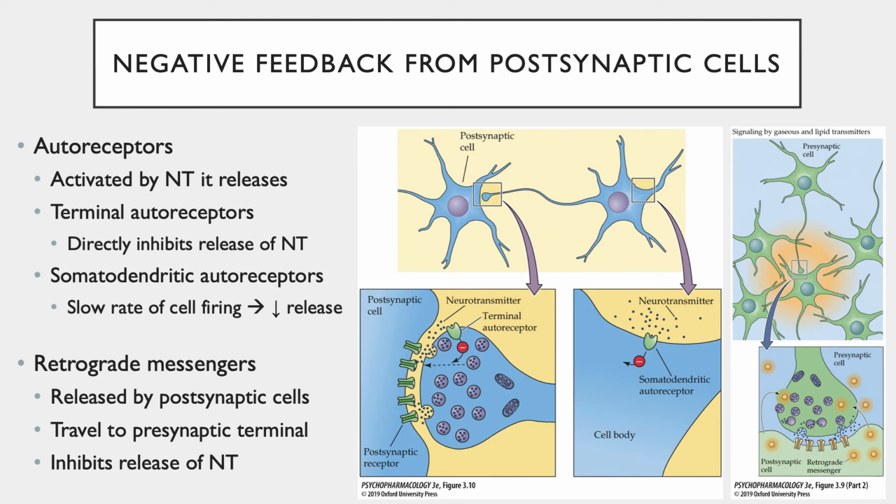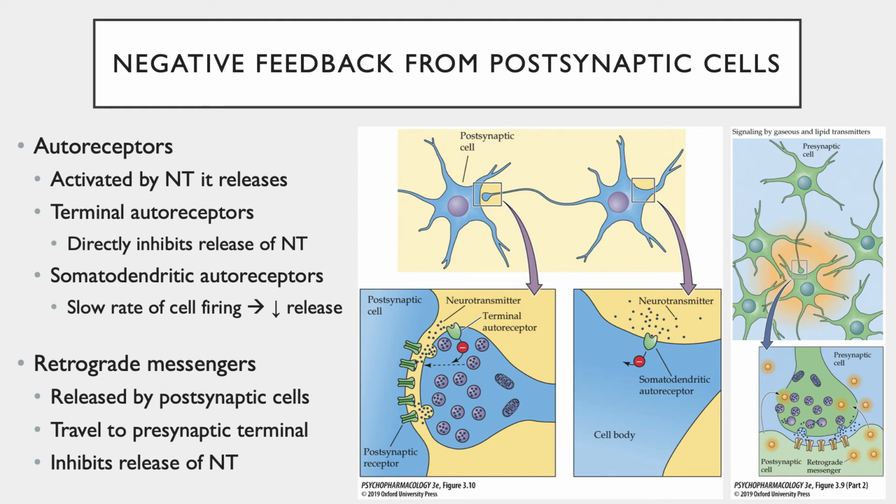Retrograde messengers operate differently. Retrograde messengers are released by postsynaptic cells, and they travel backwards in the retrograde direction towards the presynaptic terminal. From there, they inhibit the release of neurotransmitter as well.